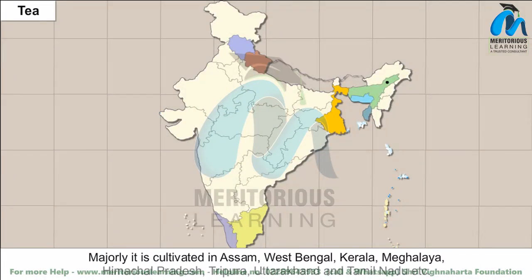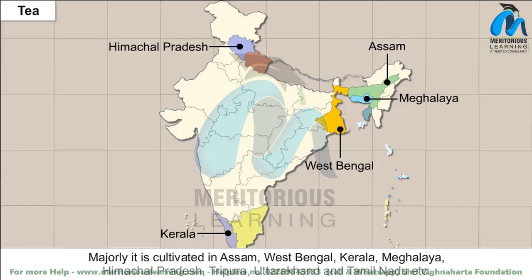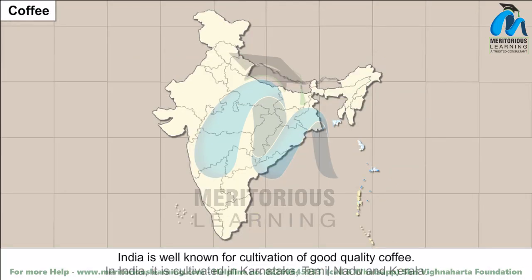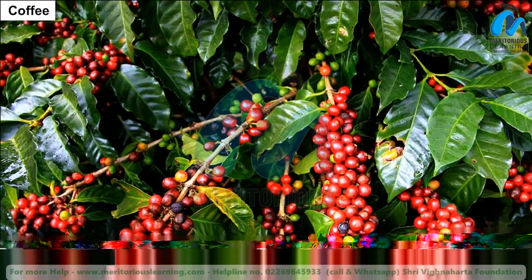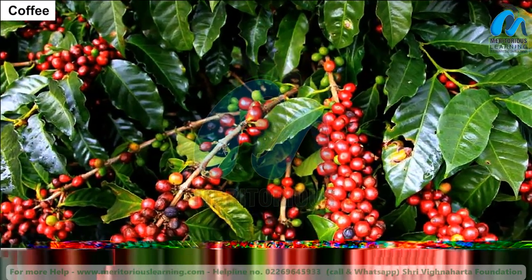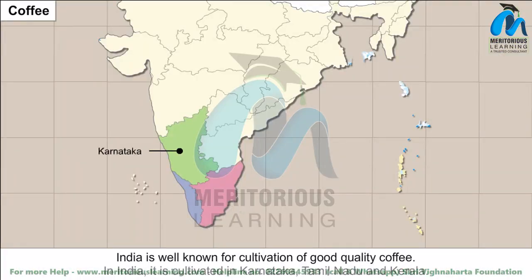Majorly it is cultivated in Assam, West Bengal, Kerala, Meghalaya, Himachal Pradesh, Tripura, Uttarakhand and Tamil Nadu, etc. Coffee. India is well known for cultivation of good quality coffee. In India, it is cultivated in Karnataka, Tamil Nadu and Kerala.